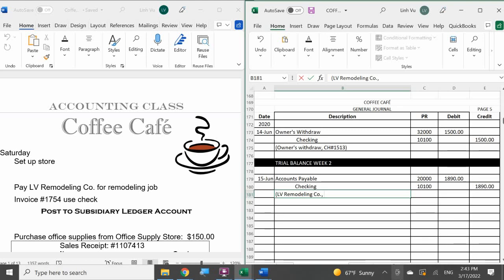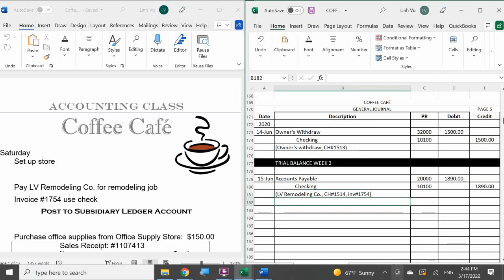What else is pertaining to this transaction? Check number 1514. Now you hinted that you paid something. What did I pay? Yes, we paid invoice number 1754.